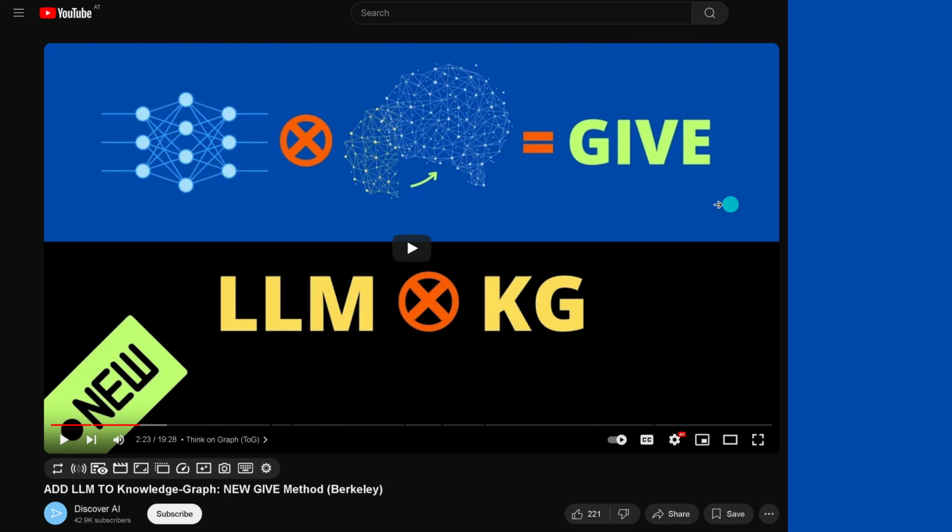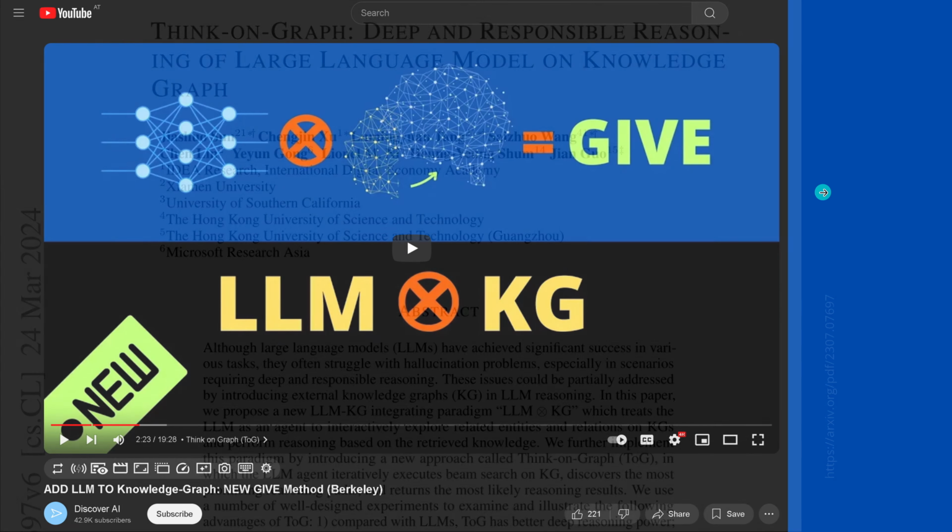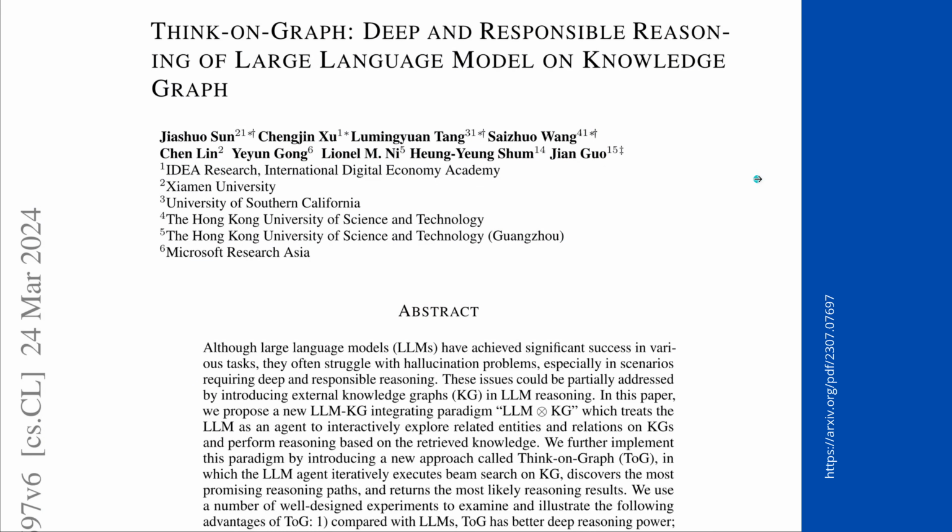And you might say, wait a second, this sounds familiar, no? And you say, hey, look at this video where you showed us the interaction between an LLM and a knowledge graph for the new GIF methodology. And over there, you showed us Think on Graph, deep and responsible reasoning of large language models on knowledge graph.